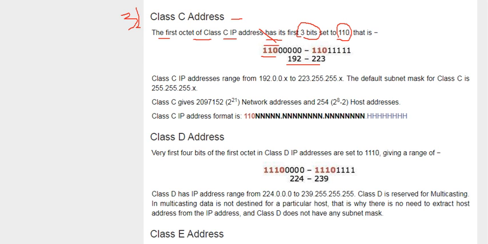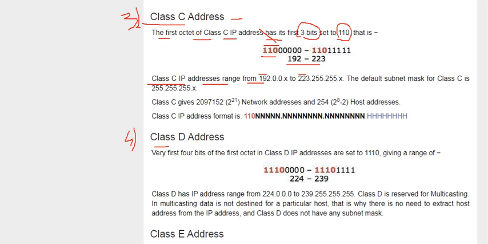The range for this class C address will be 192 to 223. So the class C IP address range is from 192, which is the minimum, and the maximum will be 223. So that is the range of class C addressing.